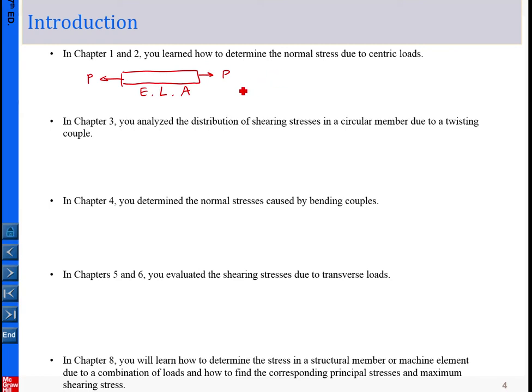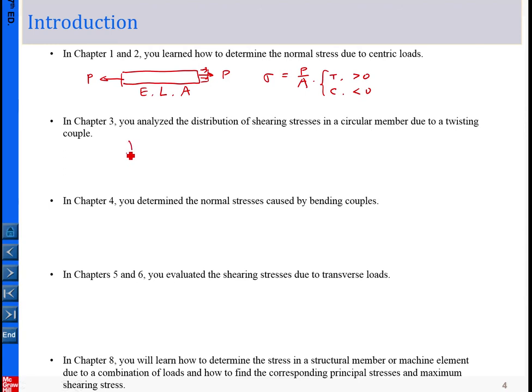The normal stress is equal to P divided by A, which is very straightforward. If tensile, we use positive; if compressive, we use negative. That is our sign convention here.